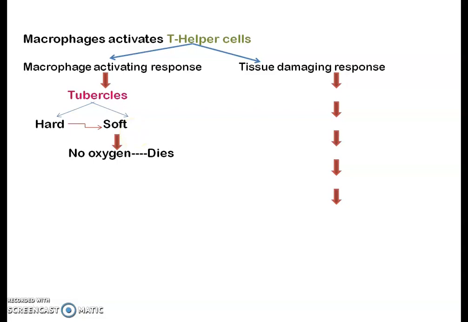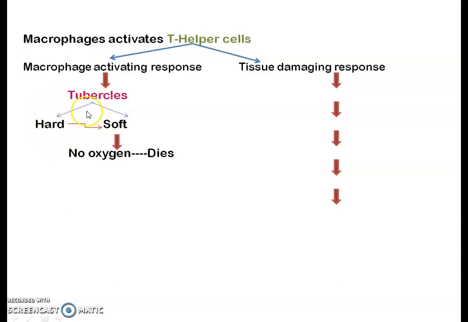So that means these tubercles are macrophages themselves, macrophages having this bacteria inside. They become hard as the bacteria multiply within these macrophages.